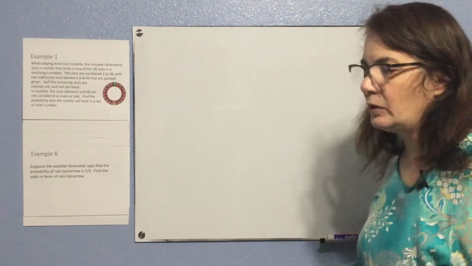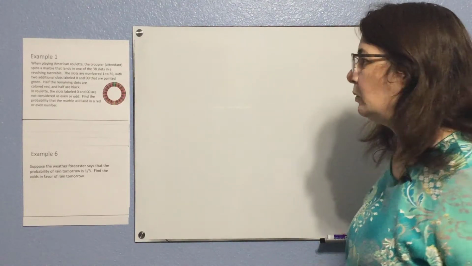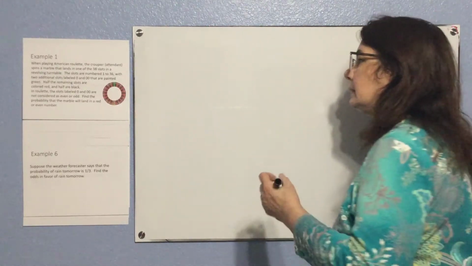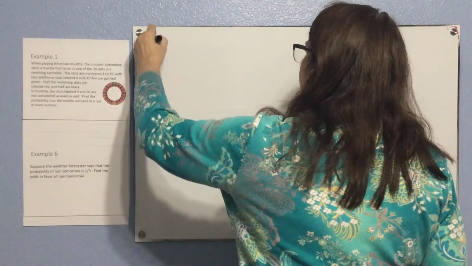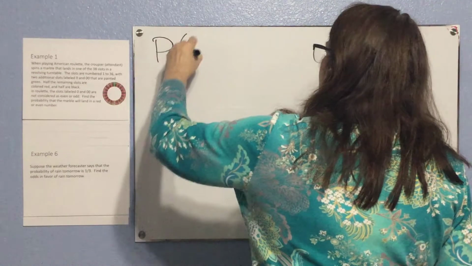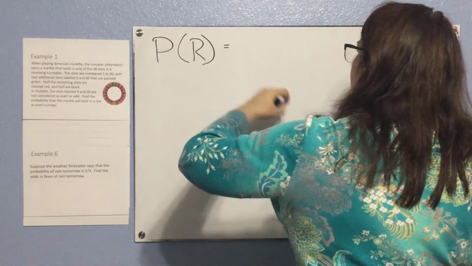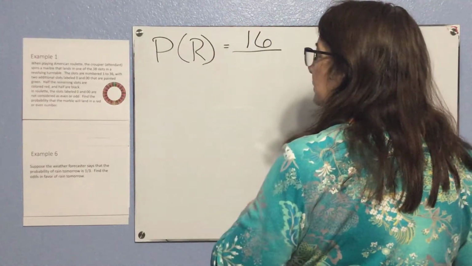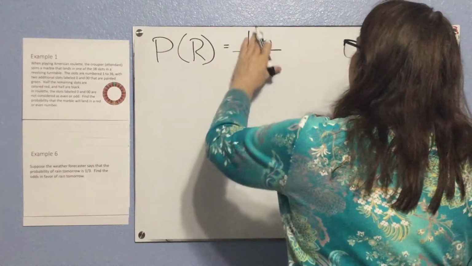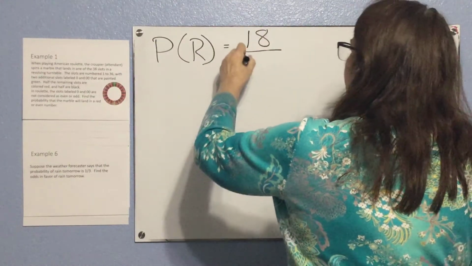This is somewhat similar to a problem that we worked in the last section, but it's a little more complicated. But we'll look at the probability of a red is 18 slots out of 38.